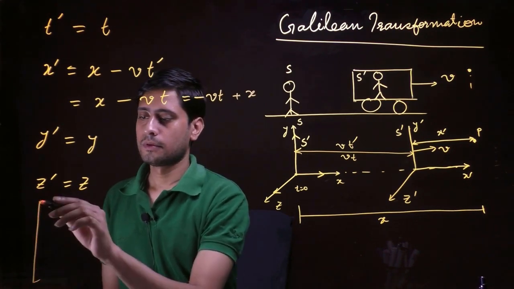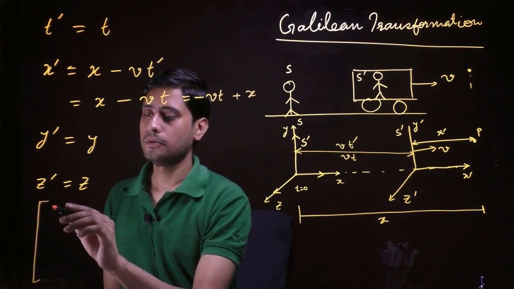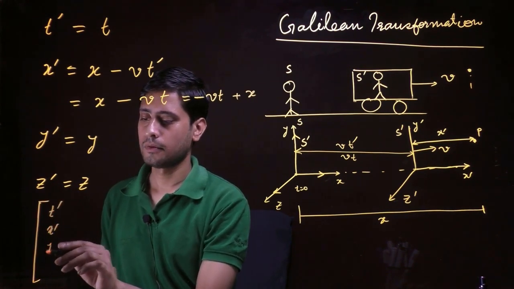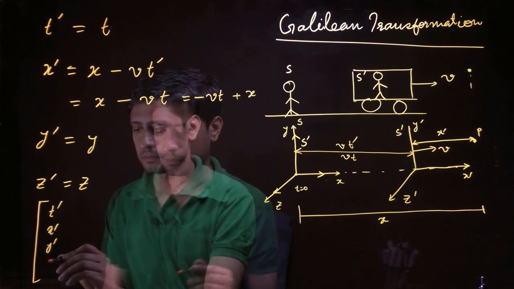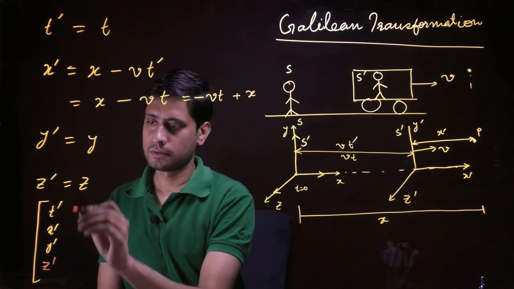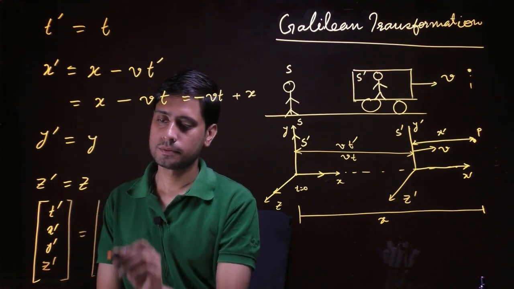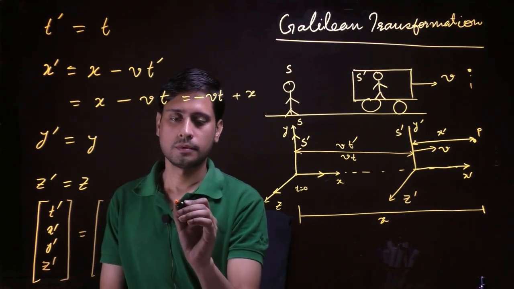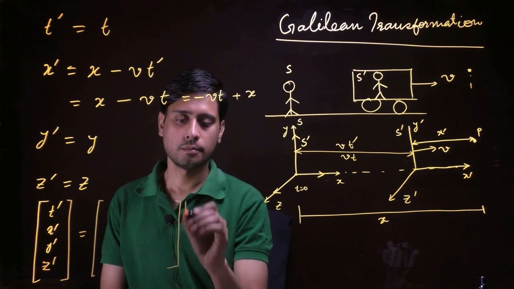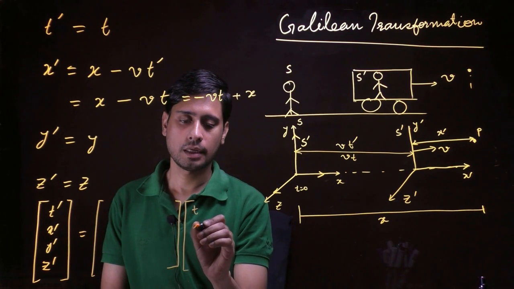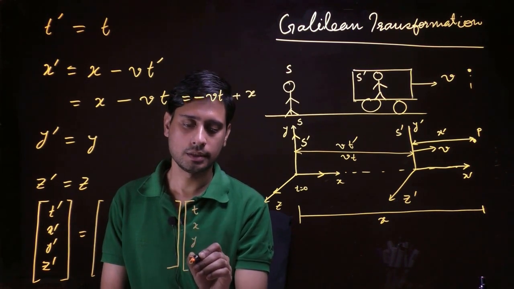So we have our new coordinates t prime, x prime, y prime and z prime, and it will be equal to some matrix multiplied by t, x, y, z.